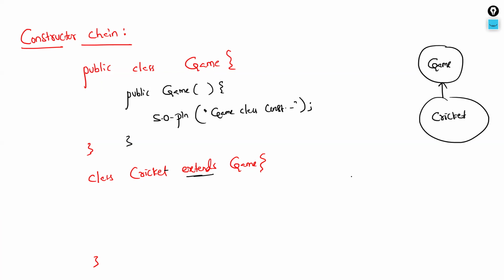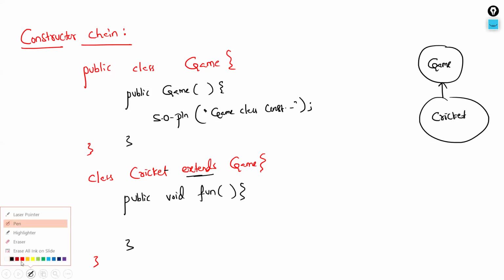Now the question is, is it possible to access the constructor? Yes, then how do I access it? Public void, some method name, fun. And inside this one, is it possible to access the constructor? The constructor signature, constructor name and parameters, semicolon. Possible?